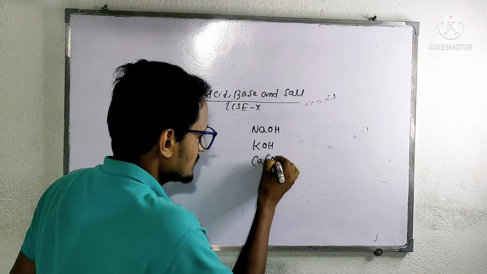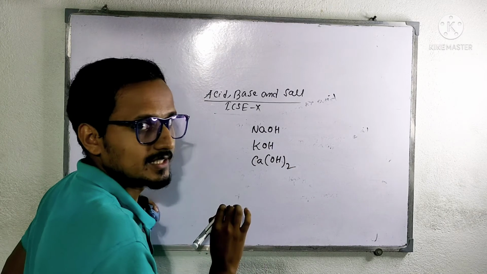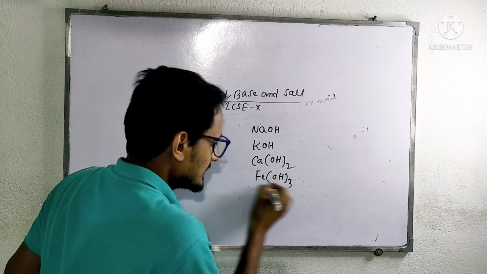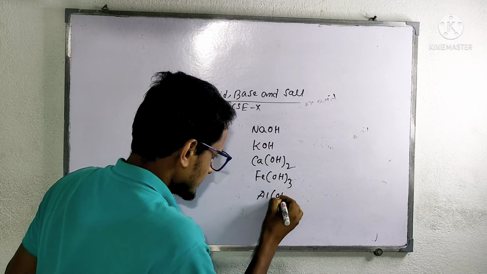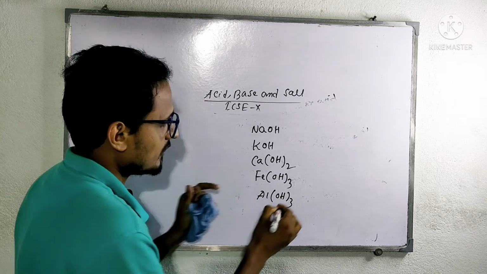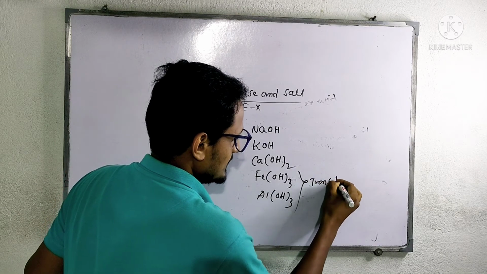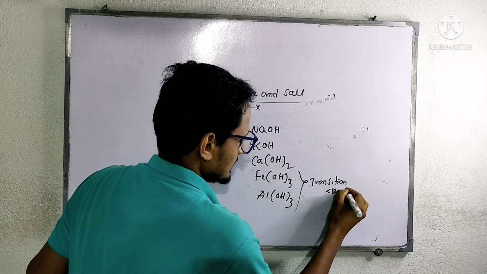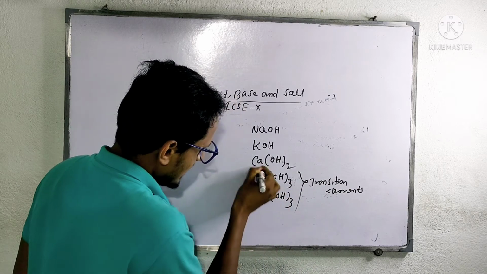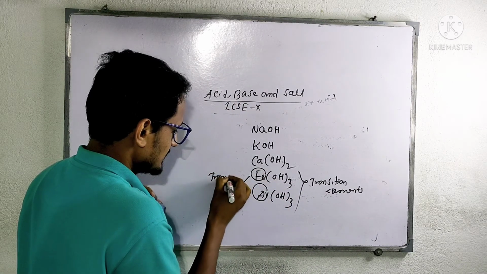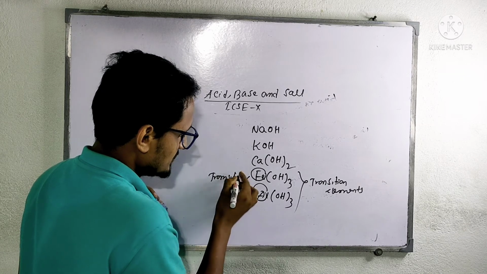Calcium hydroxide is also a base, and ferric hydroxide and aluminium hydroxide are also bases. These are formed by transition elements, because iron is a transition element.